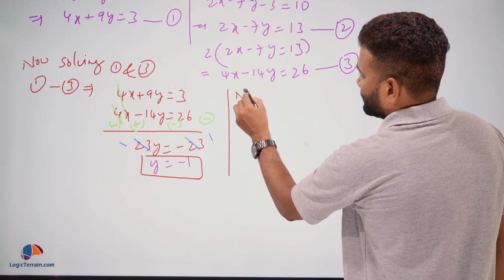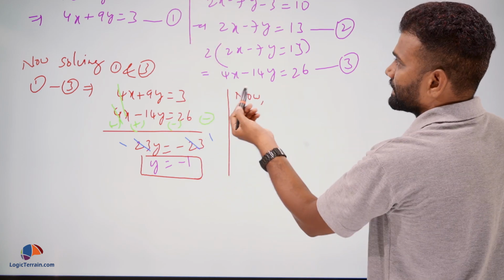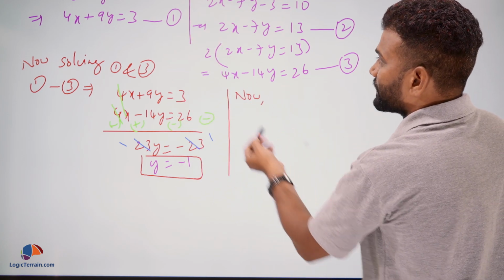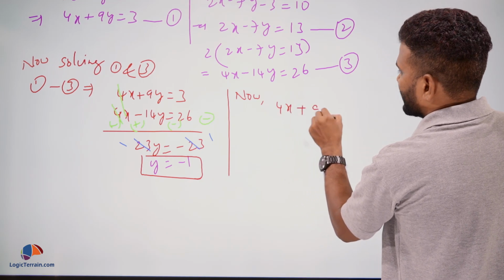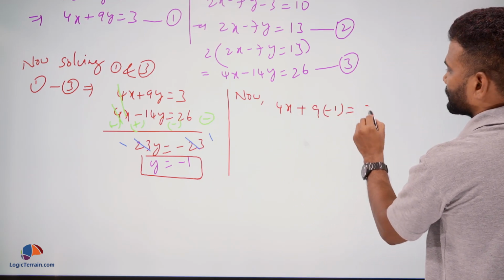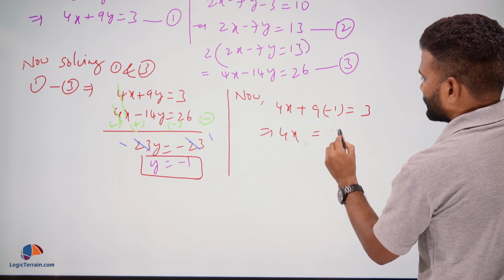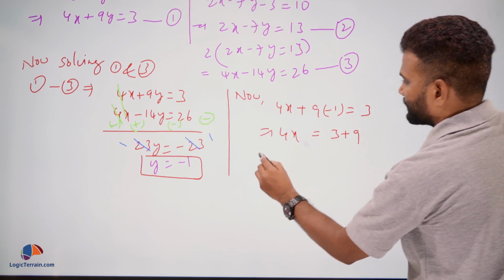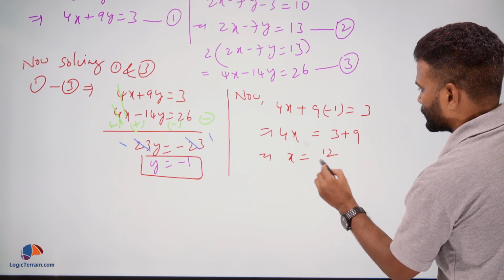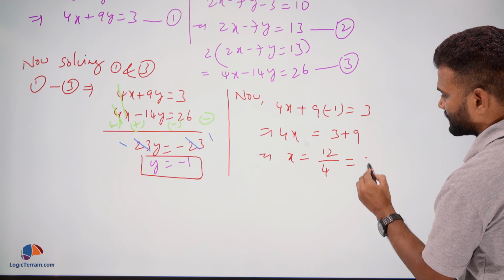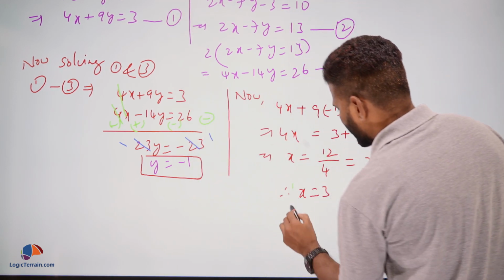X is equal to, now putting the y value in equation 1 or equation 3, we'll get the x value. So 4x plus 9 into negative 1 is equal to 3, then 4x is equal to 3 plus 9, then x is equal to 12 upon 4, this becomes 3, therefore x is equal to 3.